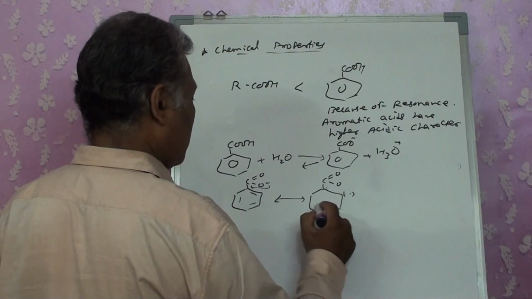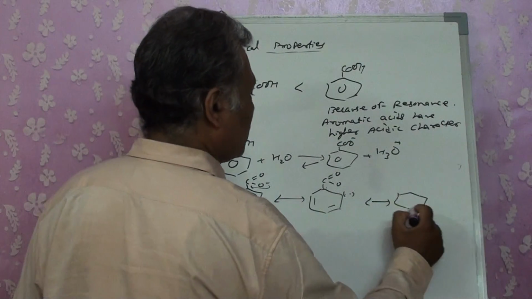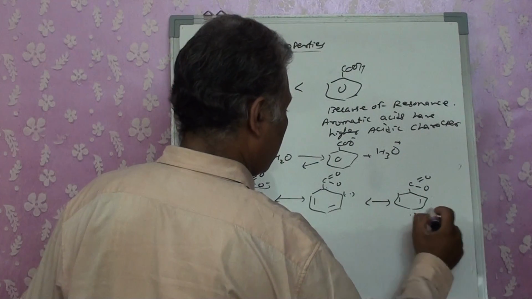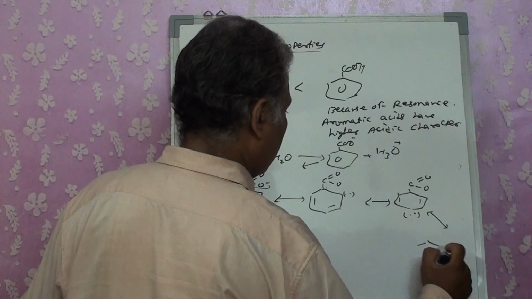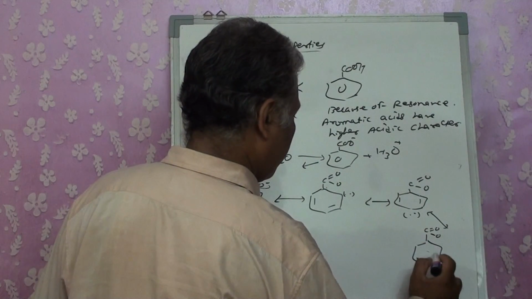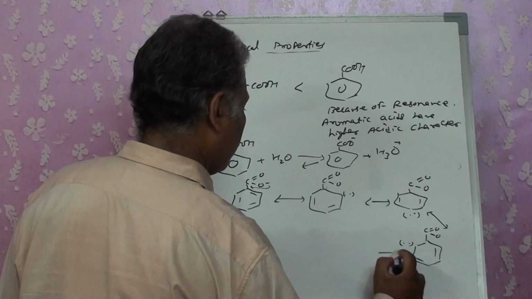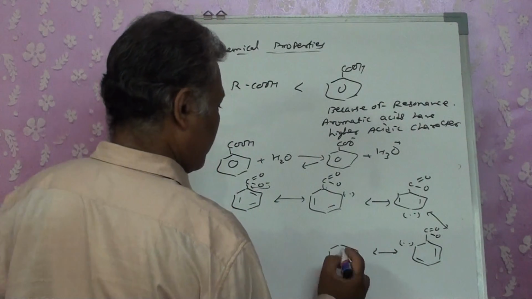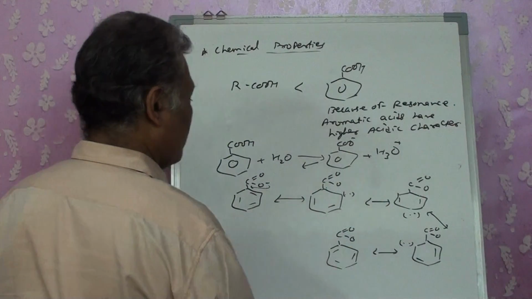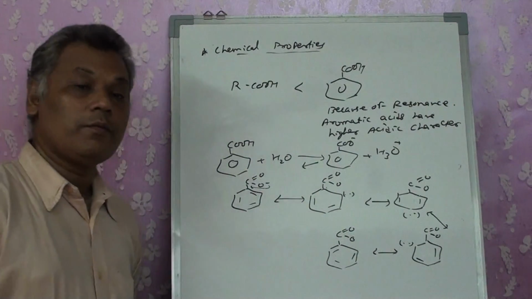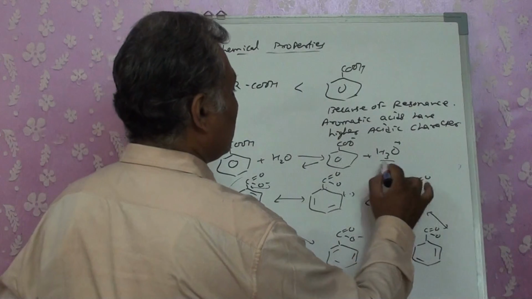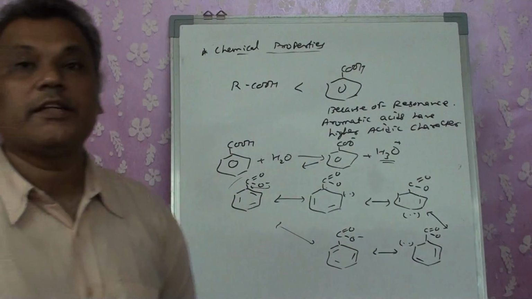This lone pair will be over here, they two will remain over here, then the resonance will show it as taking away the electrons, and because of this resonance we say that it's having more acidic character.